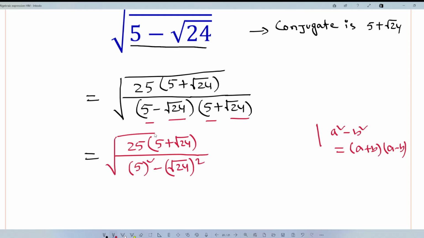Okay, so here 25 times 5 means 125 plus 25 root 24.